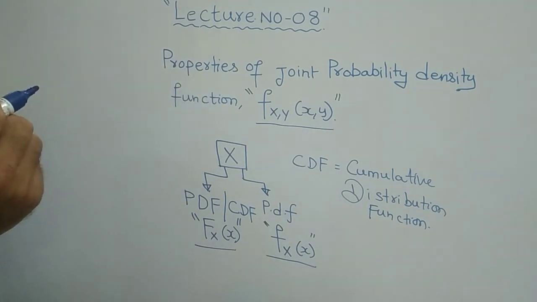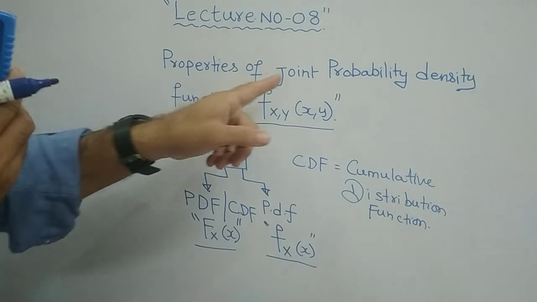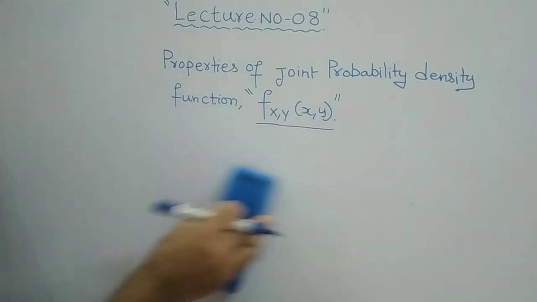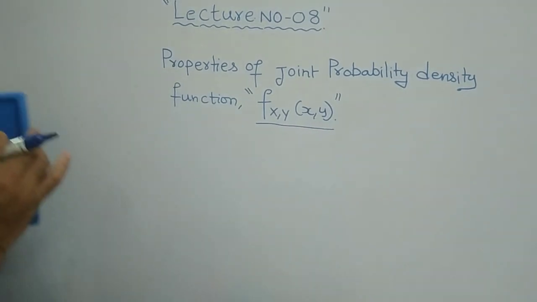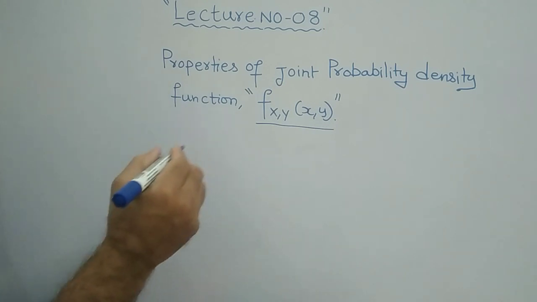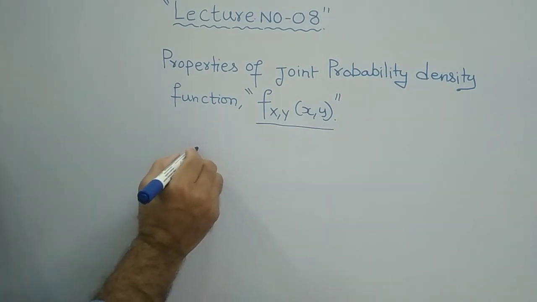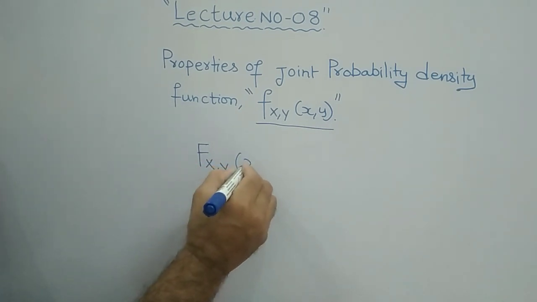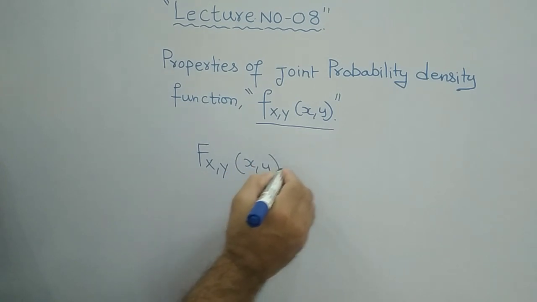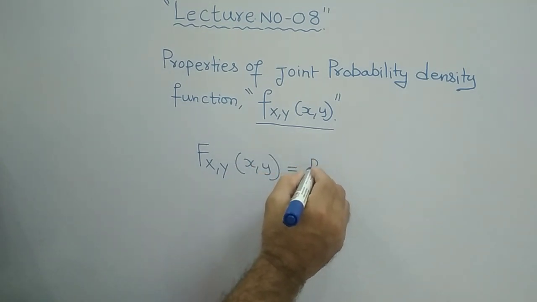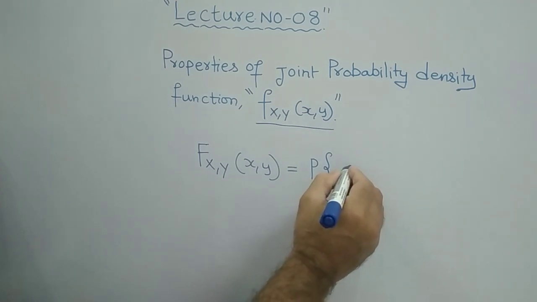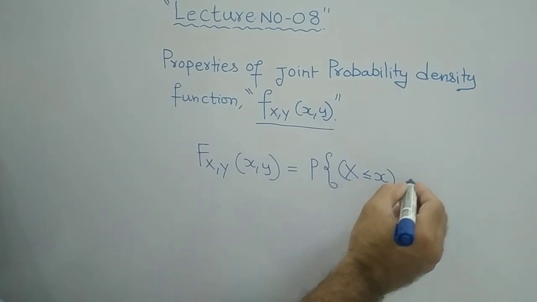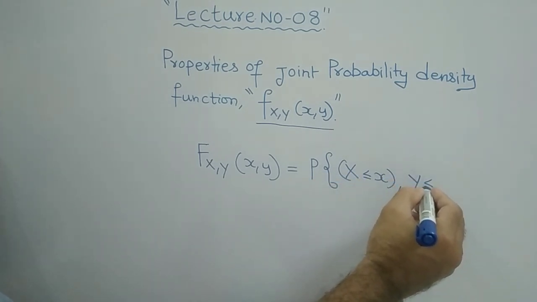Now we are discussing the joint probability. Joint means we need two random variables, which we call X and Y. So the joint distribution function, capital F of x, y, is equal to the probability of the joint event, capital X is less than or equal to small x, as well as capital Y is less than or equal to small y.